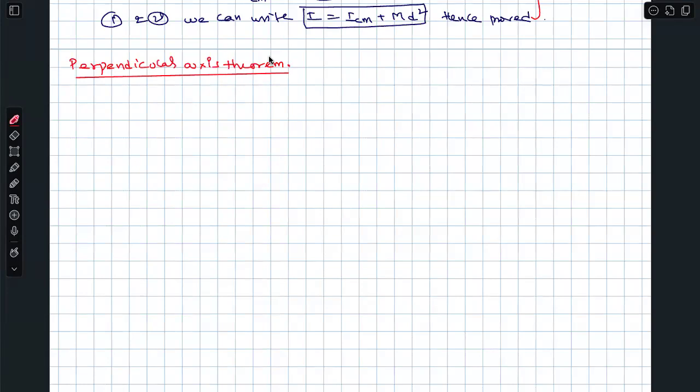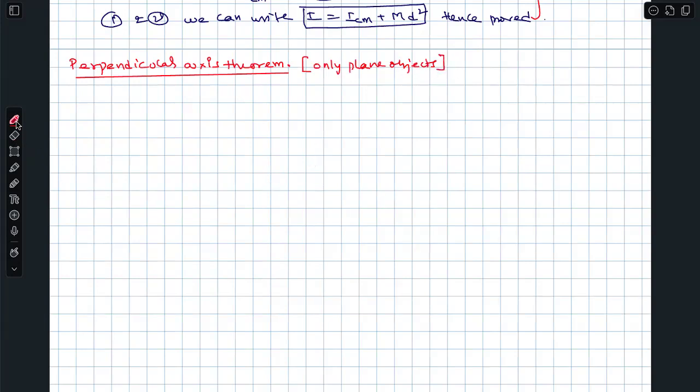Perpendicular axis theorem. Right. Now the question is, this is applicable only for plane objects. This is strictly applicable for plane objects.